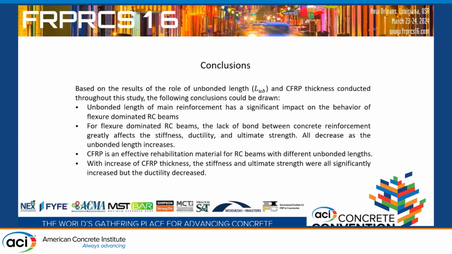For flexural dominated RC beams, the lack of bond between concrete and reinforcement greatly affects the stiffness, ductility, and ultimate strength, which all decrease as the unbonded lines increase. CFRP is an effective rehabilitation material for RC beams with different unbonded lines. With increasing CFRP thickness, the stiffness and ultimate strength were all significantly increased, but the ductility decreased.